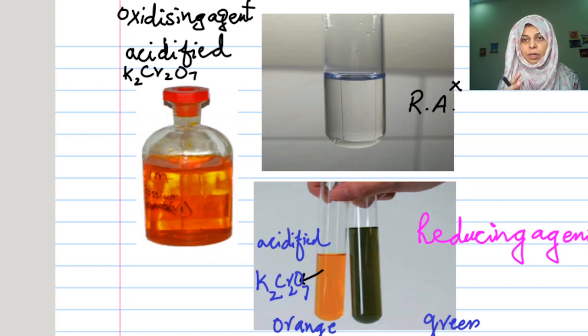Now we have done two reagents: one is acidified potassium dichromate, another one is acidified potassium manganate. The results are shown to you, showing what takes place during these reactions. If the color is changed, then we will say that the reducing agents are present. Next, I would like to show you the results during the experiment.